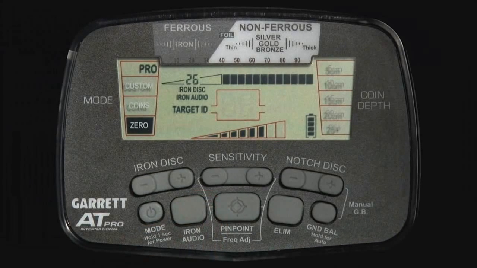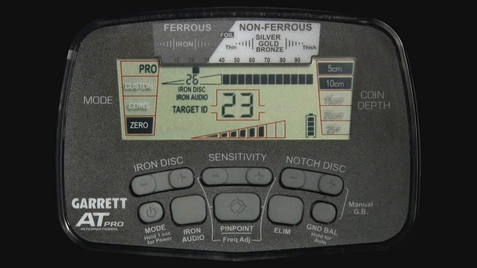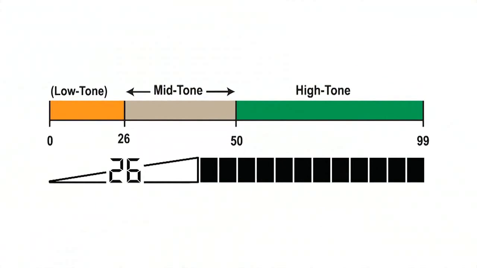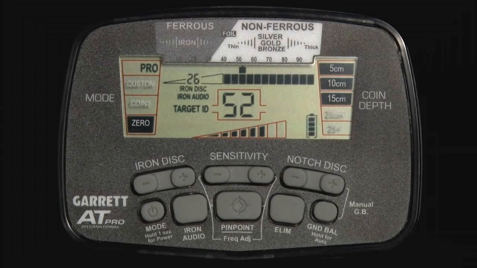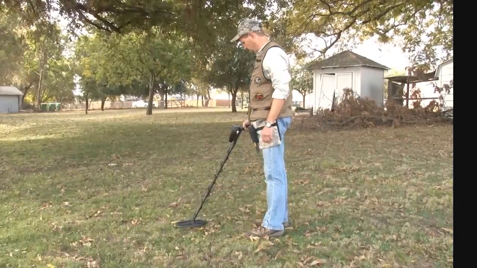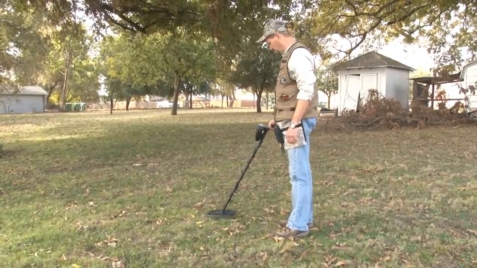When I turn on iron audio, everything below my setting of 26 is a low tone, so this discriminated iron sounds off loud and clear. By changing my midtone range using iron audio, anything I find now with a target ID value above 26 will sound as either a medium tone or high tone. Hearing the discriminated iron can really make a difference.